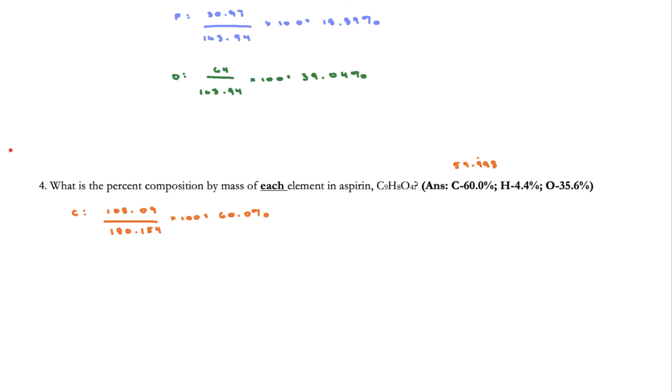Let's now do it for hydrogen. For hydrogen here, I need to take the total molar mass that hydrogen contributes, which for aspirin is going to be 8 times 1.008, which is about 8, but I'm going to be exact here. So it's going to be 8.064, and I'm going to divide by the total molar mass, and then multiply by 100%. The percent composition that you get for hydrogen here is 4.476.